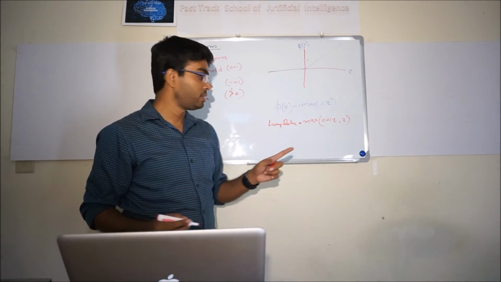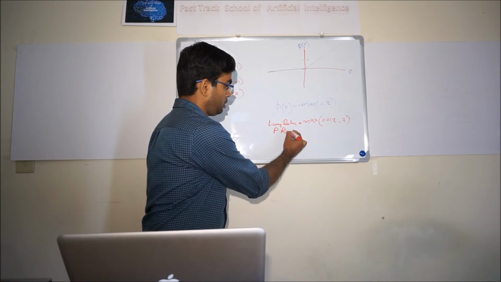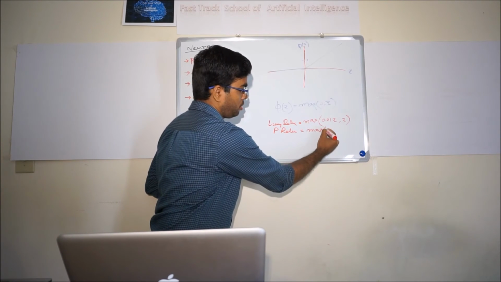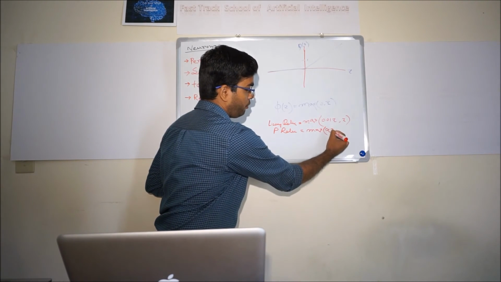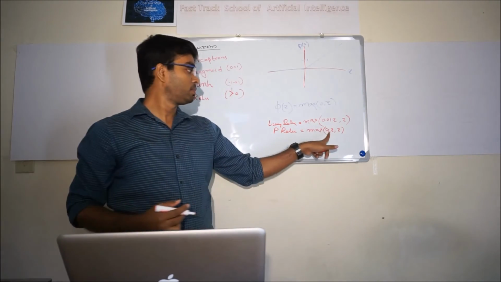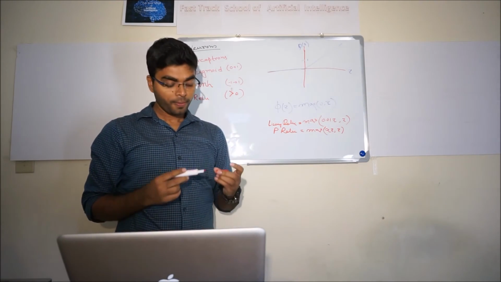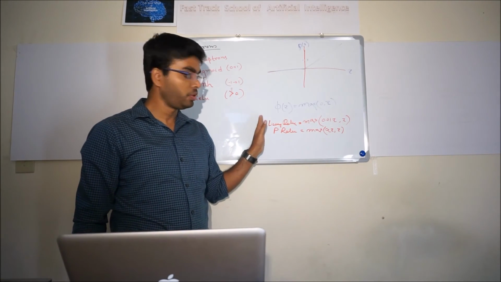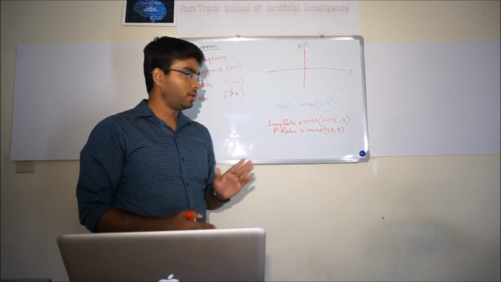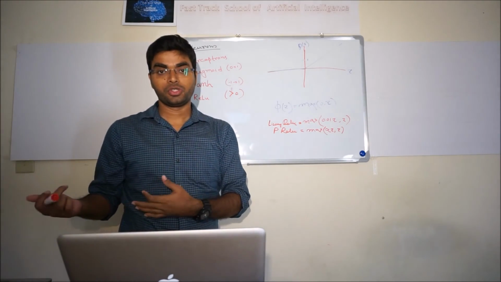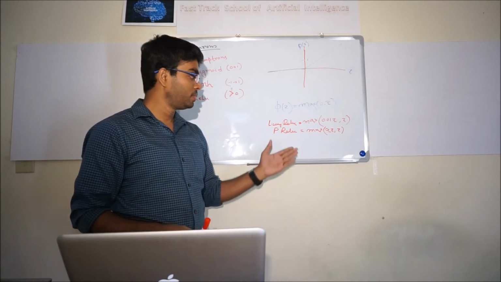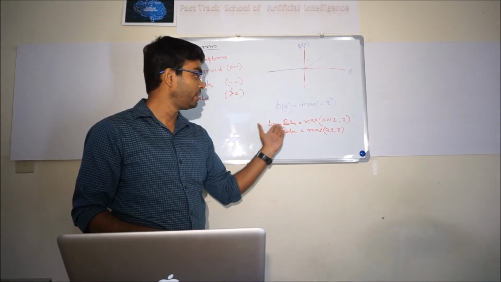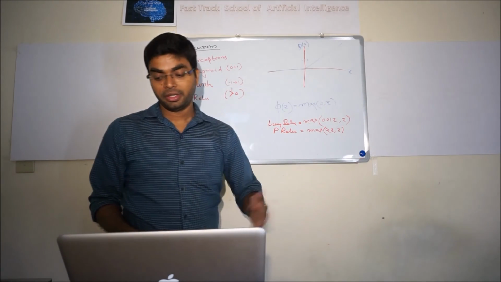If it is parameterized, like PReLU, then it would be max of alpha z, and you will have some control over this alpha. Okay, so these are pretty advanced activation functions or neurons. Normally we don't use them very frequently unless situations come and you have to consider them. But this is just for your understanding, in case you are curious and you have heard about the terms leaky ReLU and parameterized ReLU.